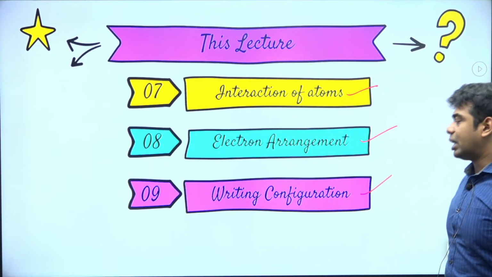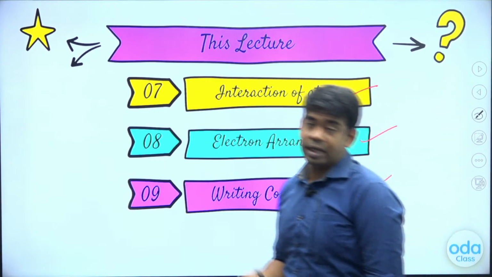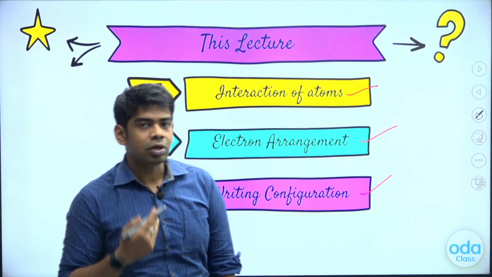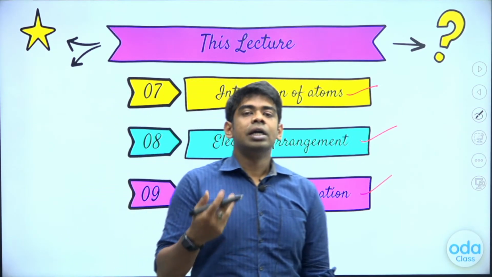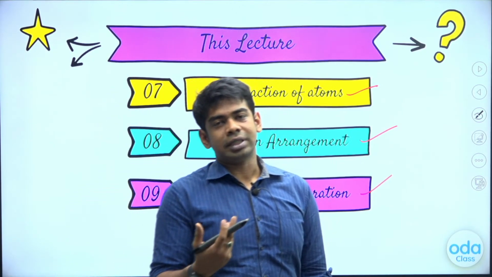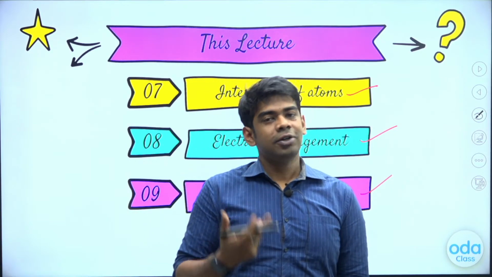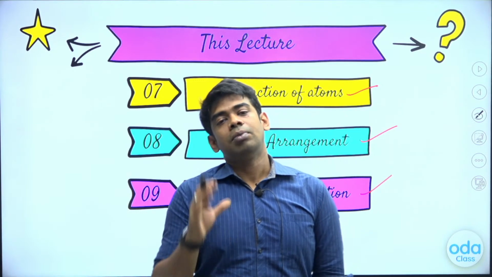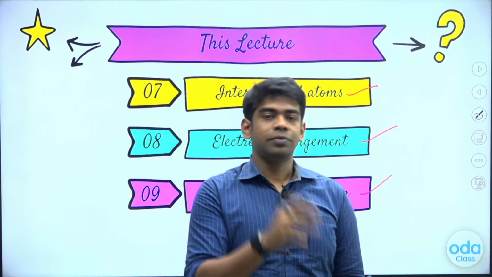The last part is writing the configuration. Writing the configuration is one of the most important parts, because if you can't write down the configuration of an atom, it would be very difficult to understand what type of product will be formed. So we'll take up the next lectures particularly on that basis.